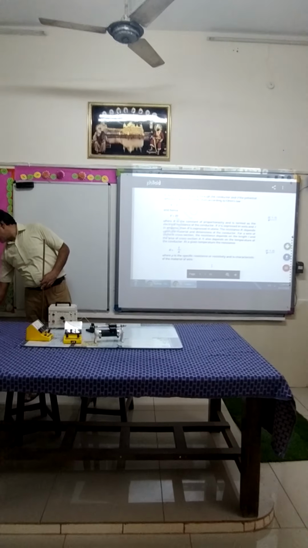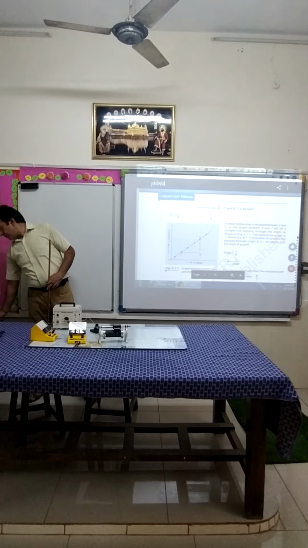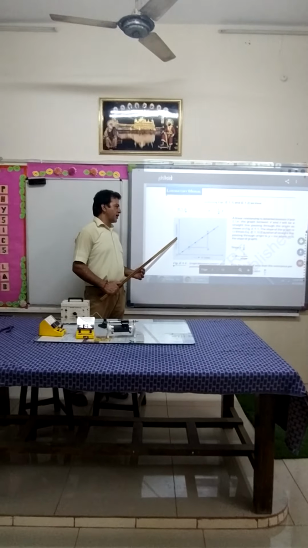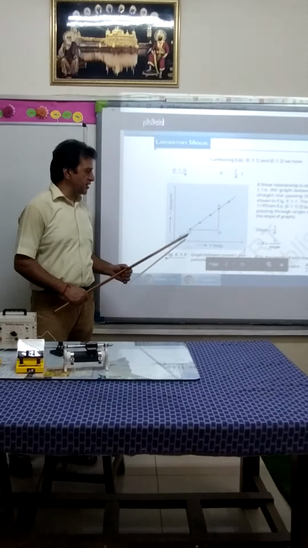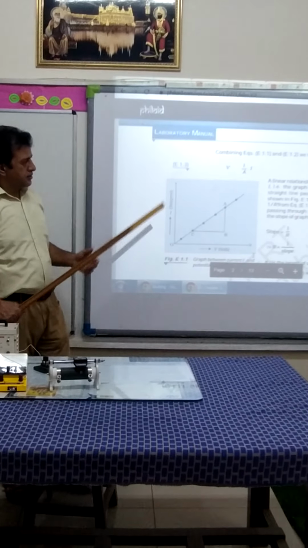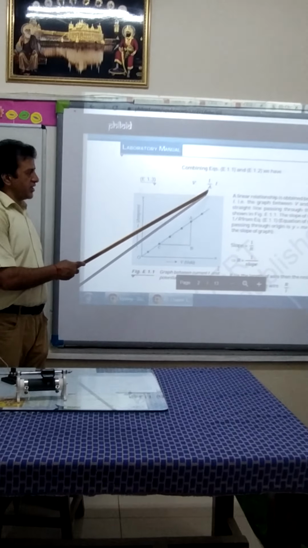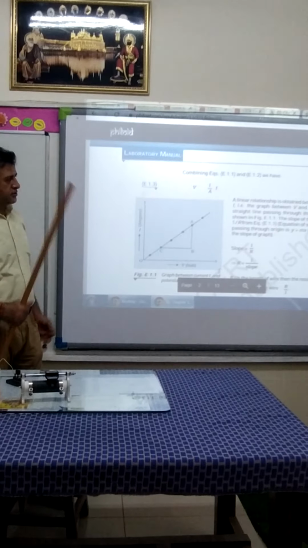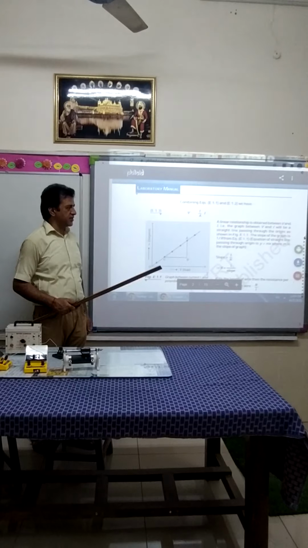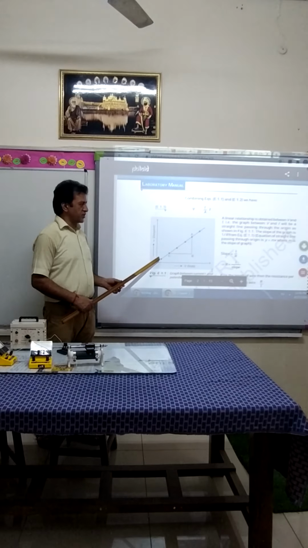Now when we draw the graph between current I and voltage, we get a graph like this. From the relation it is clear that V is proportional to L upon A into I. So we get a linear graph, a straight line between V and I, passing through the origin.